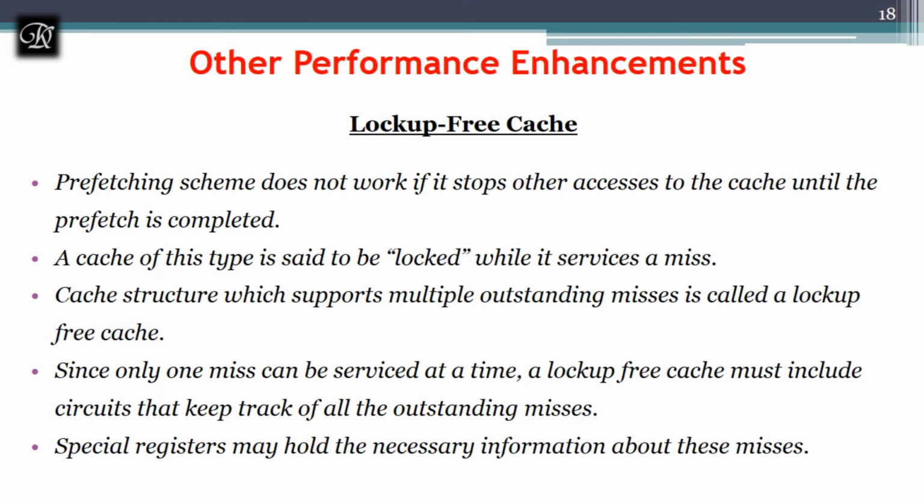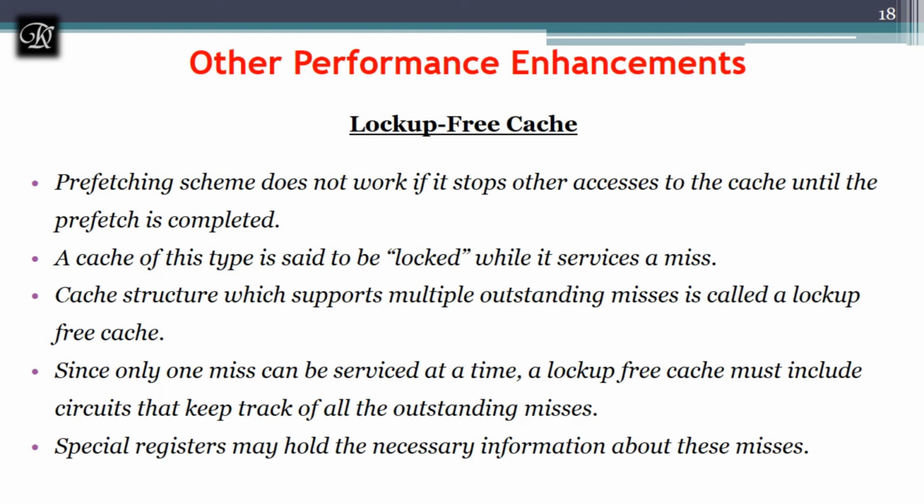The last one with respect to improvement of performance is the lockup free cache. The prefetching scheme does not work if it stops other access to the cache until the prefetch is completed. Prefetching has to be completed; if somebody else is interrupting in between, it is going to be slower. A cache of this type is called locked while servicing a miss.